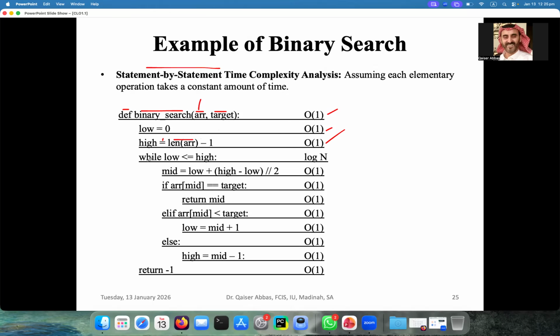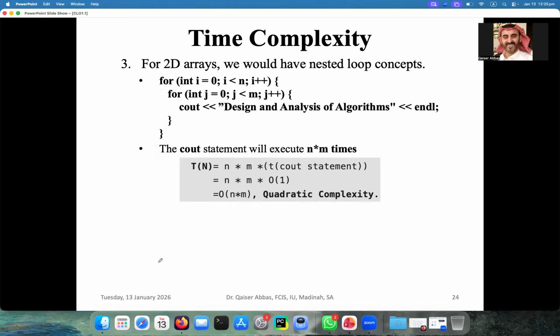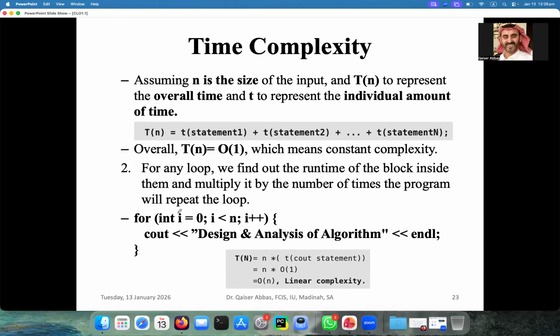For example, here the loops. If it is a loop, according to the rule, you have to see what the block under this loop is, what the time complexity for it is, and then you have to see how many times that loop is executing. That will become the complexity of this block. For example, if you remember, this loop is executing n times, but the block contains only one order of 1 statement.